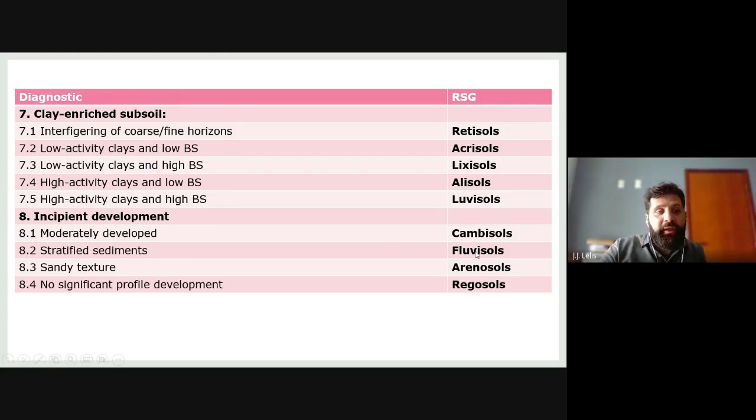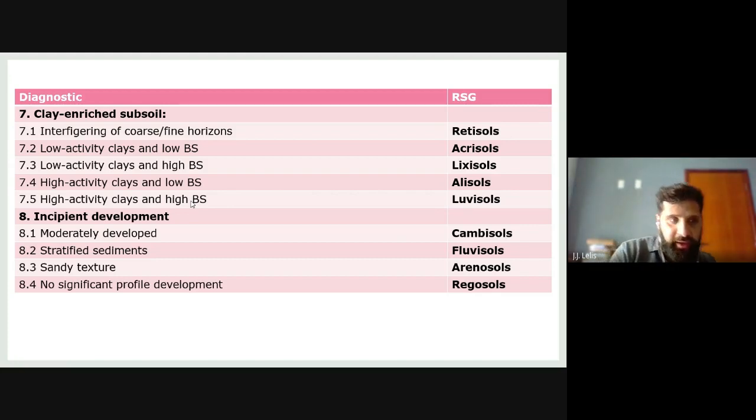Okay. And we also can see some soils that possess high activity clays and, at the same time, a high base saturation. They are Luvisols, and they are typically from semi-arid regions.